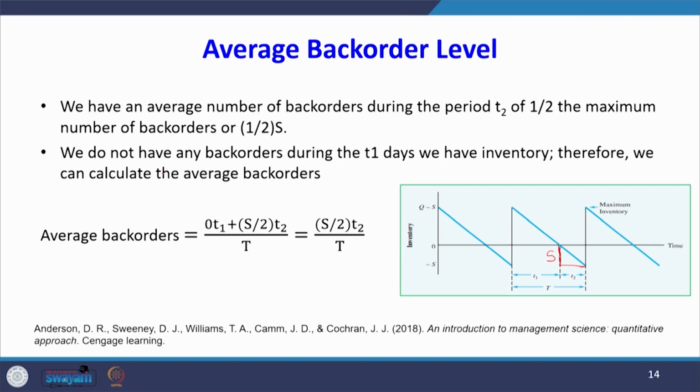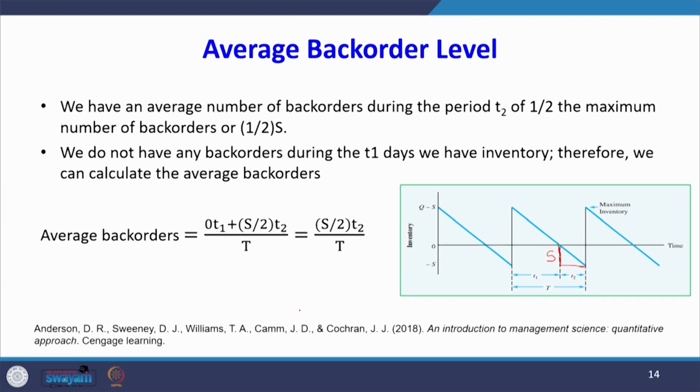We do not have any back orders during T1. Therefore, we can calculate the average back order level: 0 multiplied by T1, because during T1 there are no shortages, plus S upon 2 during T2 times. When you simplify, it is S upon 2 times T2 divided by capital T.